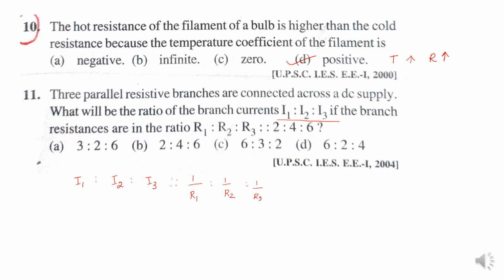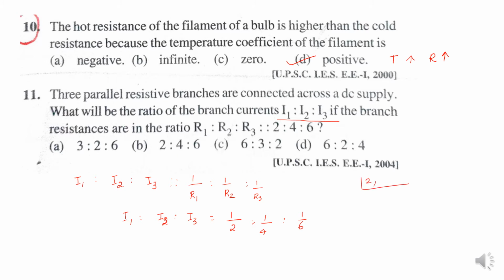So I1 is to I2 is to I3 equals 1 by 2 is to 1 by 4 is to 1 by 6. Now I am going to take the LCM for 2, 4, 6.